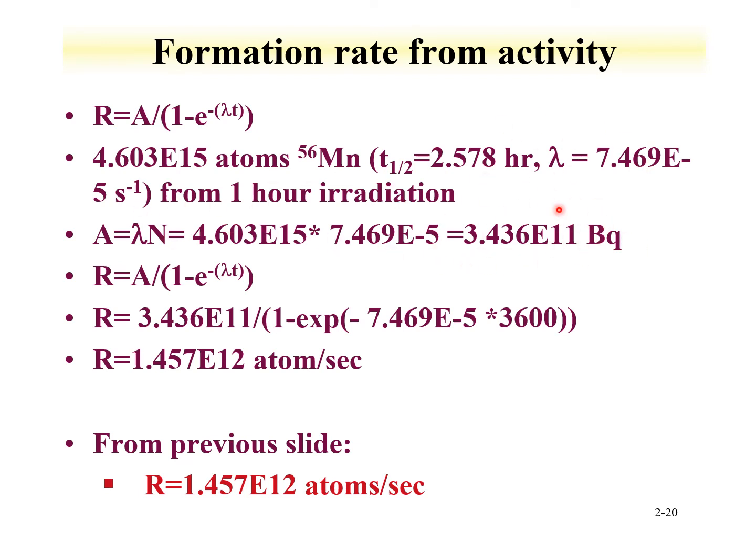I get 3.4 times 10 to the 11th becquerels. That's my activity. I substitute the activity into 1 minus e to the minus lambda times the time, and I get a production rate. So this is the overall production rate, and it does include the decay as a function of the irradiation time.